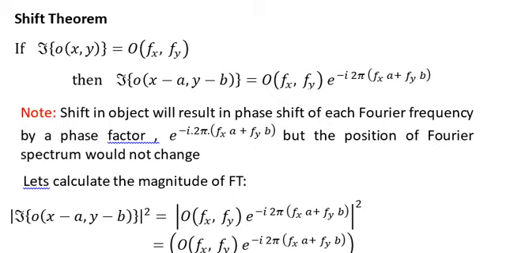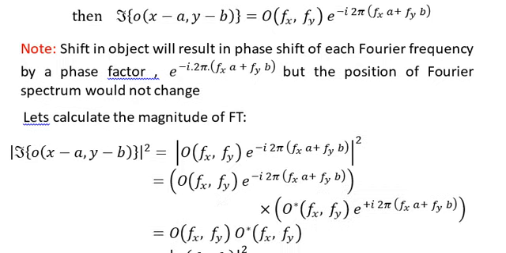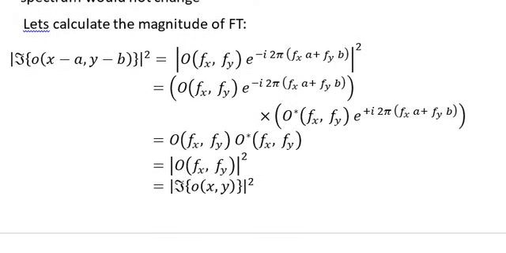Now let's calculate the magnitude of the Fourier transform in both cases, because the magnitude has to be the same. Here we are taking the absolute square of the Fourier transform of the shifted object, that is the object shifted to x minus a, y minus b, and on the right hand side I have taken the absolute square of the Fourier transform of this shifted object, which is capital O at fx, fy multiplied by e to the power minus iota 2 pi (within the bracket we have fx into a plus fy into b).